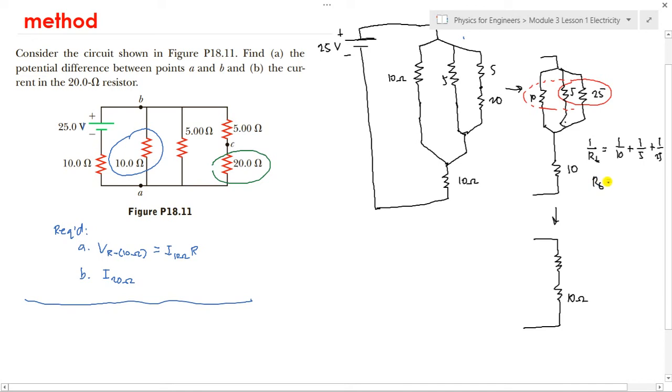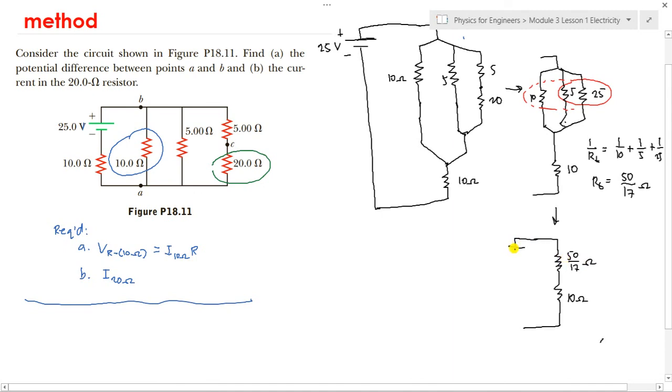So the answer here, RT, is equal to 1 over X, 1 over 10 plus 1 over 5 plus 1 over 25, then 1 over the answer, that is 50 over 17. So therefore the equivalent here is 50 over 17 ohms.